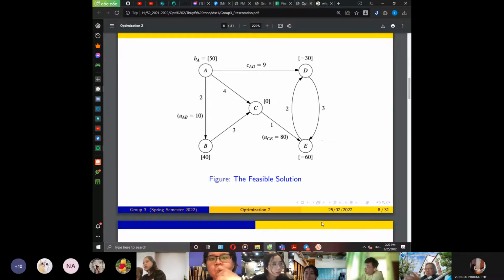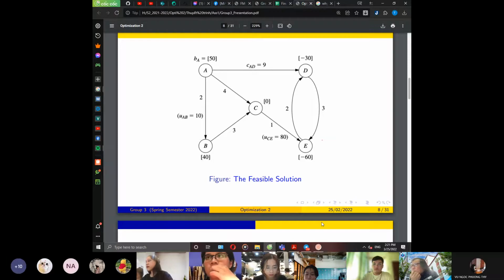You got this problem. You are facing this problem. So what do you do first? If you start to use the algorithm, like the other group one told you, before that you find an initial feasible tree solution.